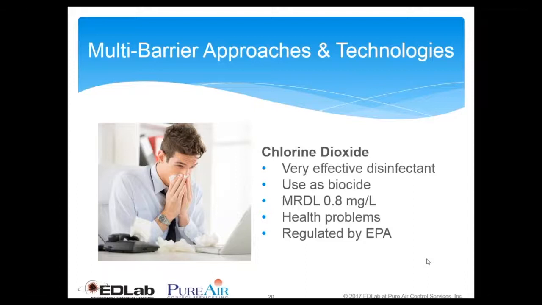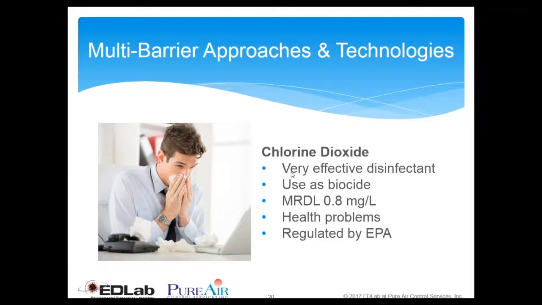Especially for chlorine dioxide, the MRDL, for those who don't understand, is the maximum residual disinfectant level. What it means is not exceeding 0.8 microgram per liter. That is determined by the EPA, because then you will start getting some health symptoms.